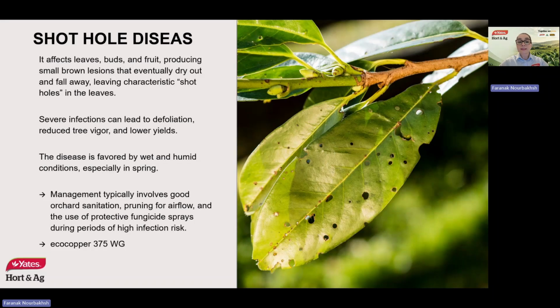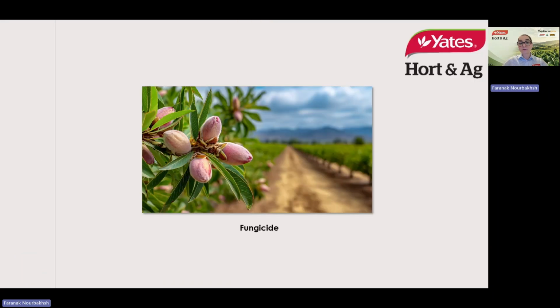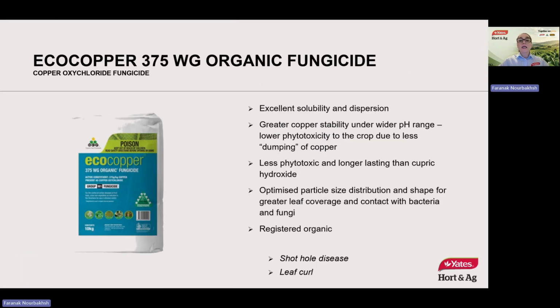Management typically involves good orchard sanitation, pruning for airflow, and the use of protective fungicide spray during periods of high infection risk. At Yates Horton Ag, we have a registered copper-based organic certified fungicide for this disease, Eco Copper 375WG. This product is copper-based and organic certified.